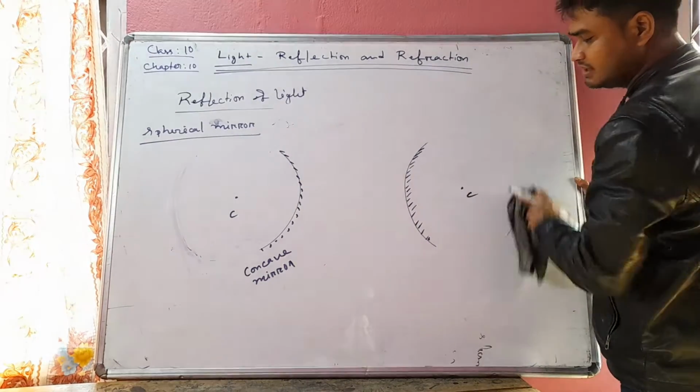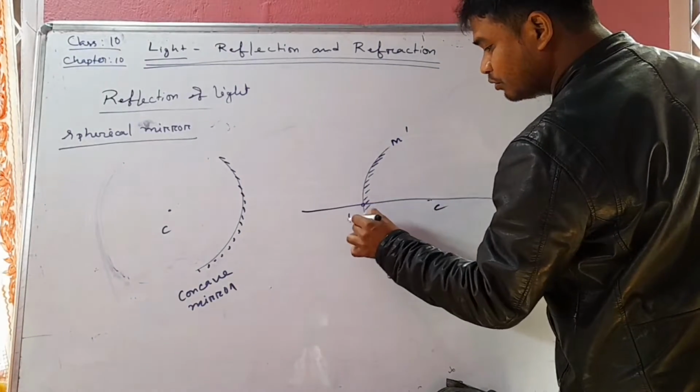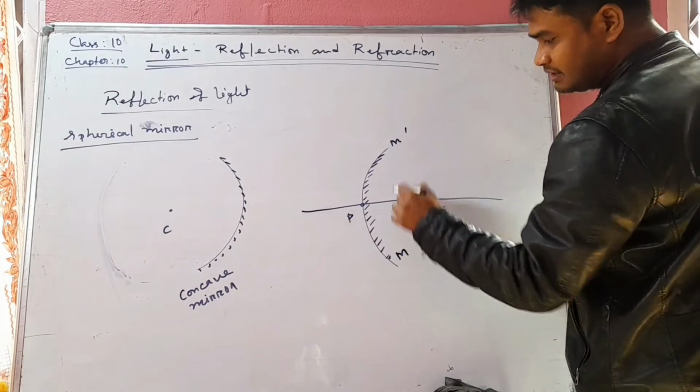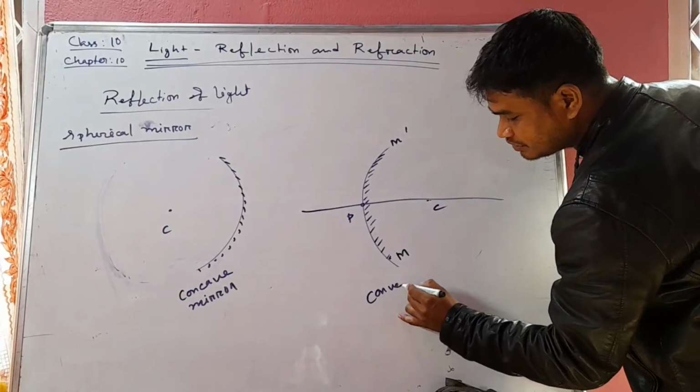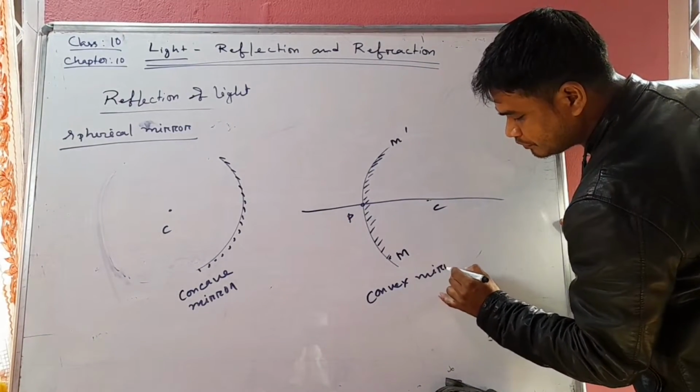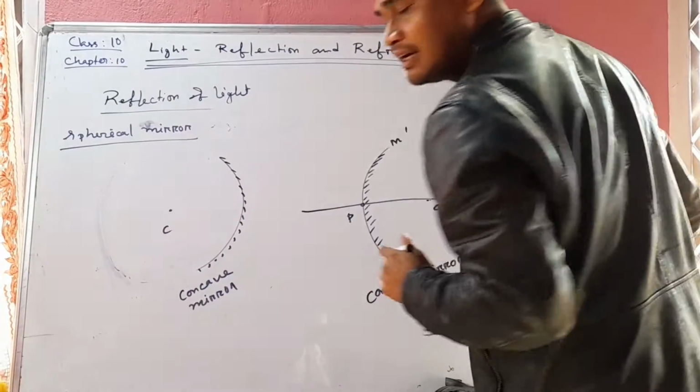This is M, and this is the pole. Since this is polished inside, this is called a convex mirror. This is the convex mirror, and this is the concave mirror.